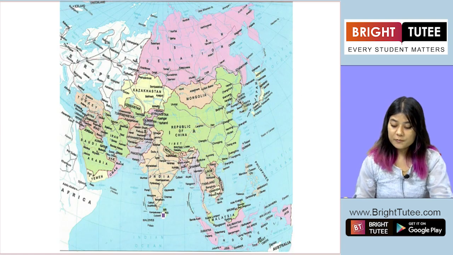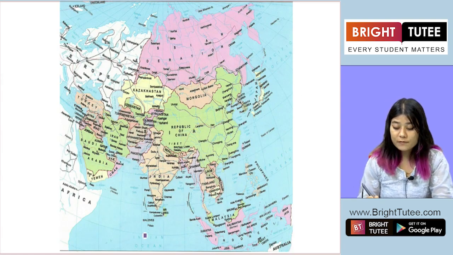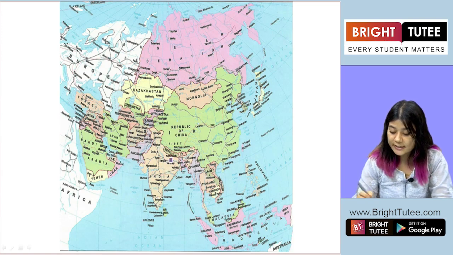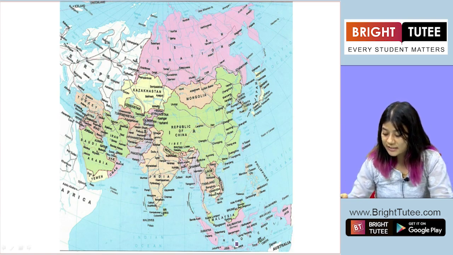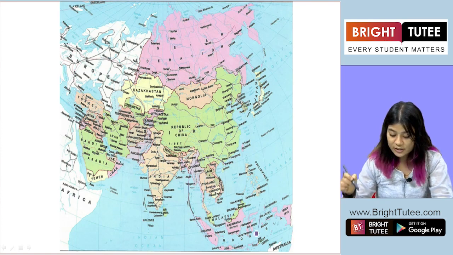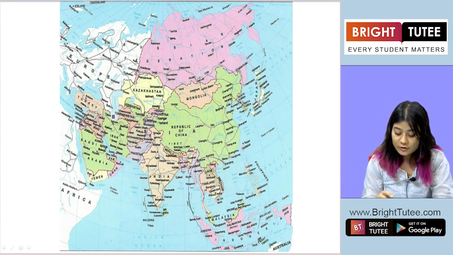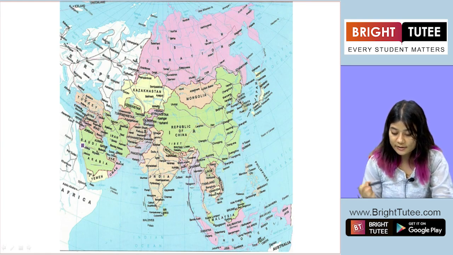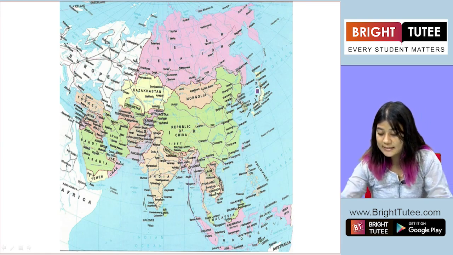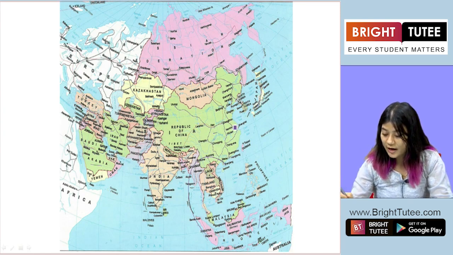Here we have a political map of Asia. You can see India, China, Southeast Asia that we just talked about, Malaysia, Thailand, Indonesia. We also have countries in the west, Iran, Saudi Arabia, Turkey, etc. On the eastern side, we can also see Japan, and then China.